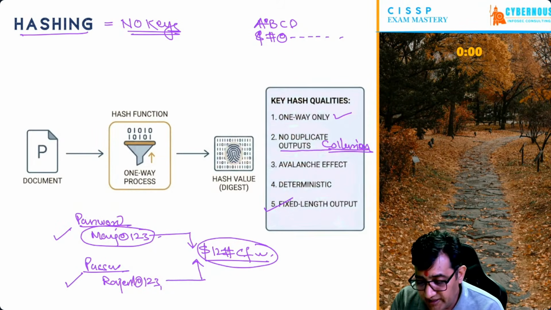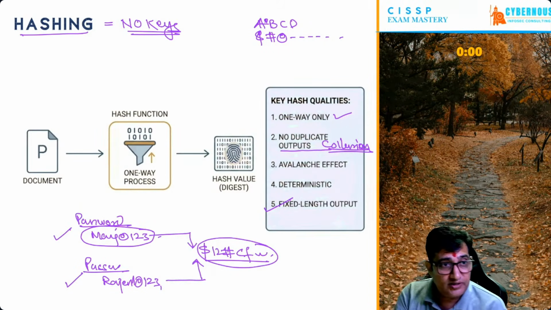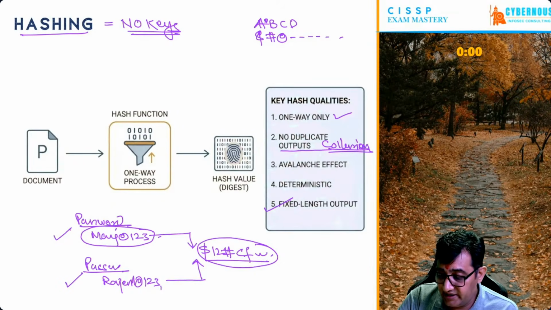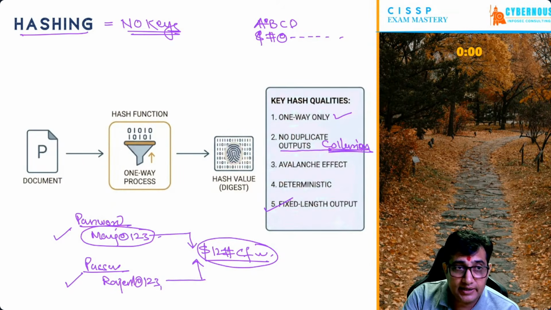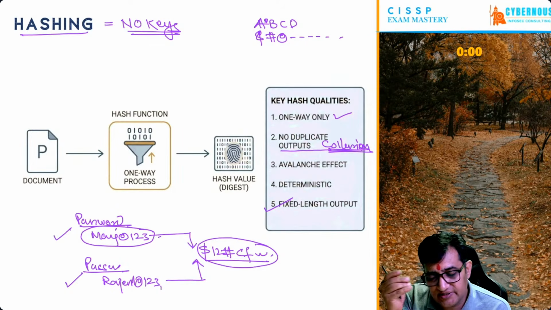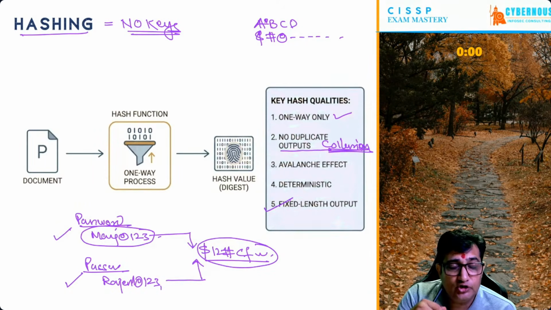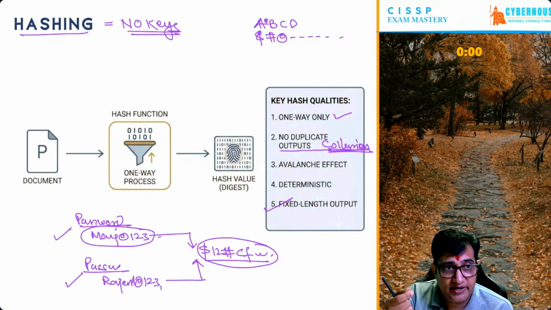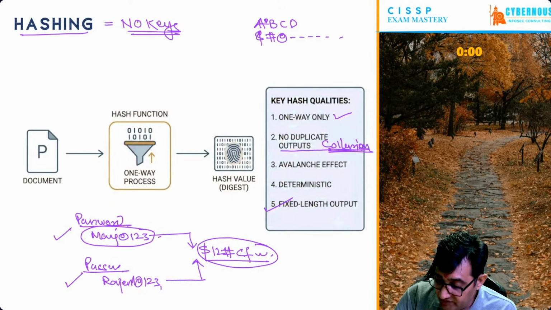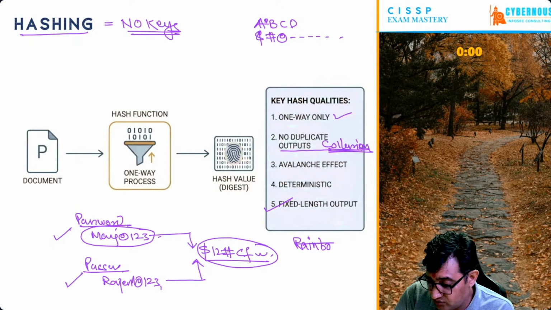So that is why a good hashing algorithm should not support any kind of collision. But it is a very rare event. Sometimes this kind of thing has been seen, and based on that you will see the dictionary attacks which are happening, because there is a concept called birthday paradox.